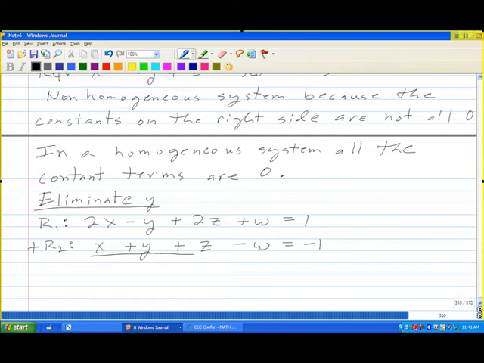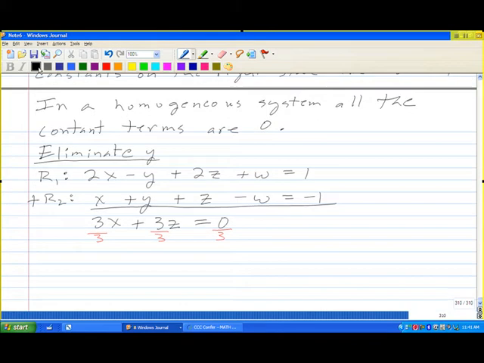So let's add these. I get 3x, y's cancel, plus 3z, w's cancel, equals 0. Let me divide everything by 3, and so I get x plus z equals 0. I'll call that S1.